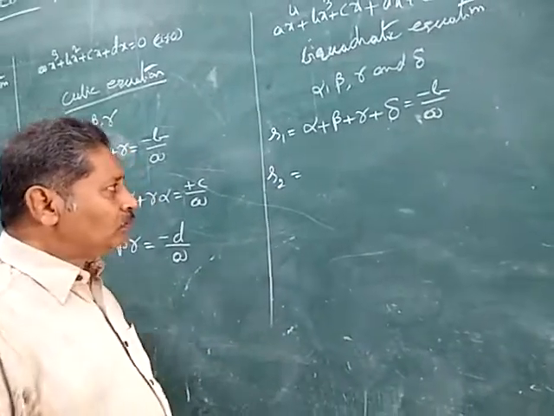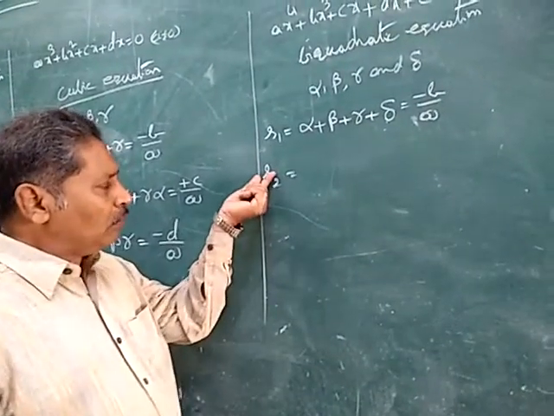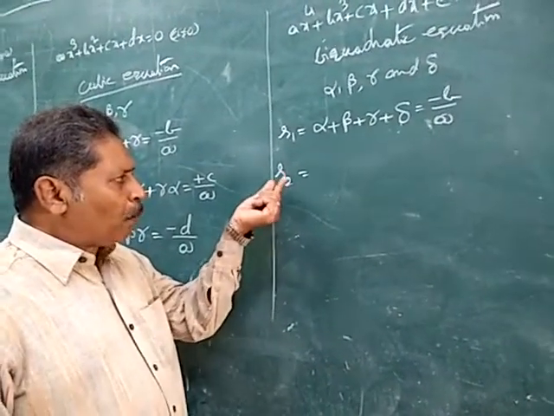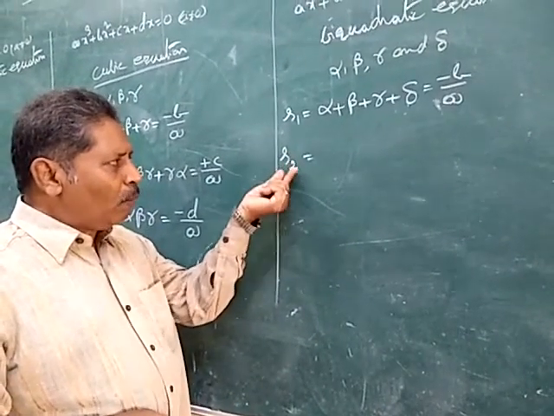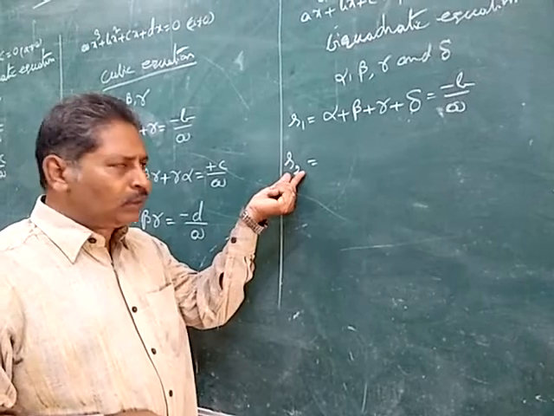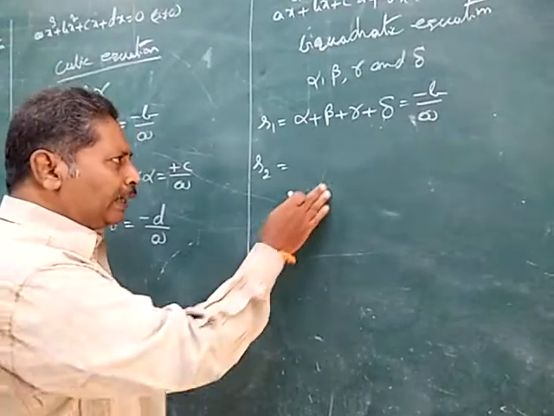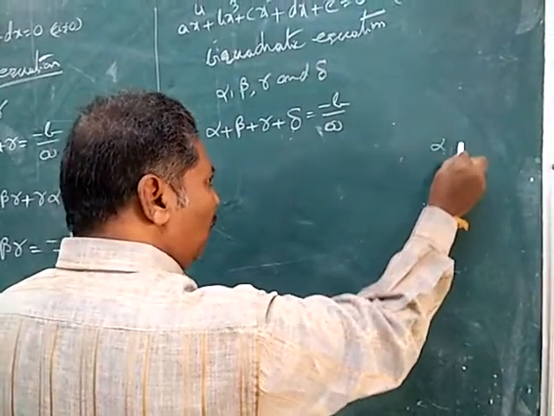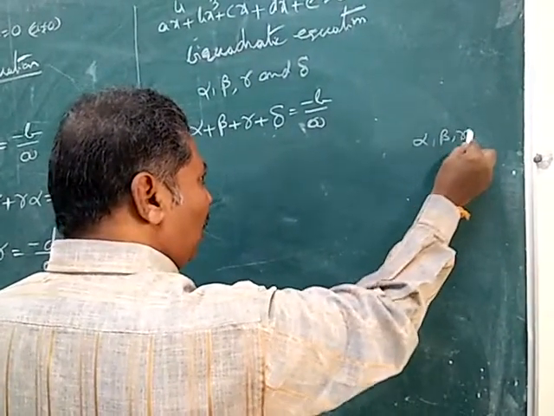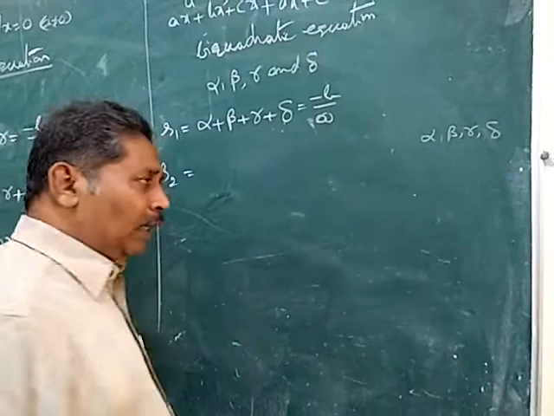S2, the sum of the product of the two roots taken at a time. We have the 4 roots alpha, beta, gamma and delta.